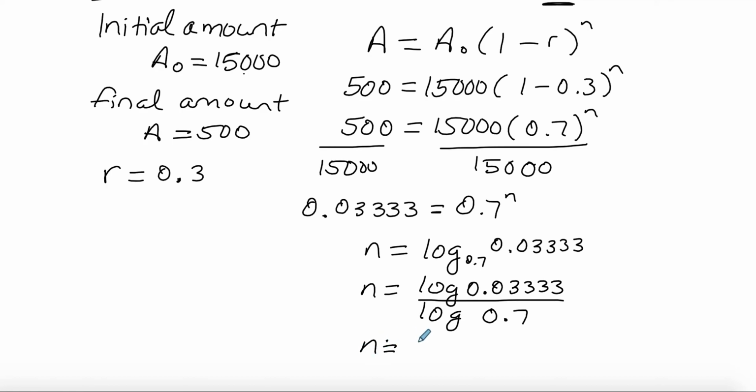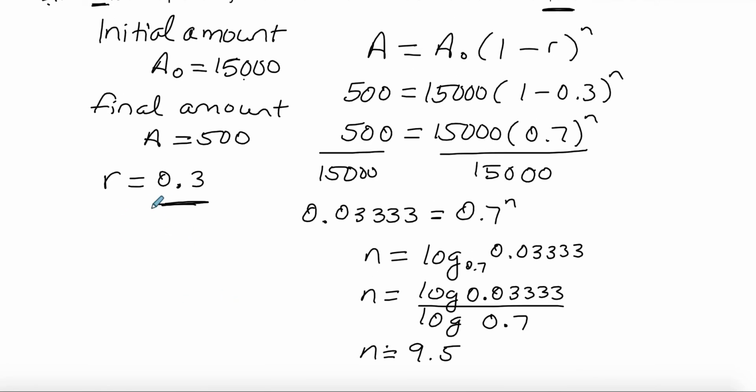And if I round it off, I get about 9.5 years. So it will take about 9.5 years for the car to depreciate to $500, given that it's depreciating at a rate of 30% per year.